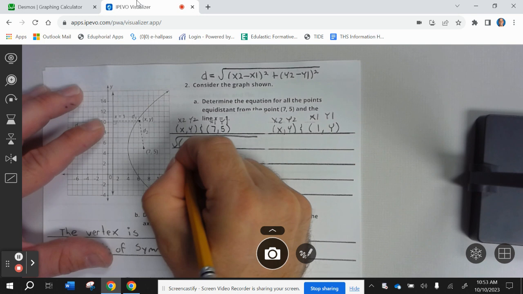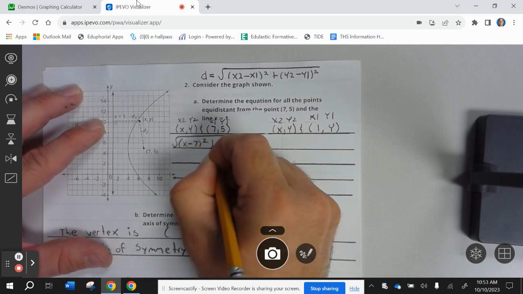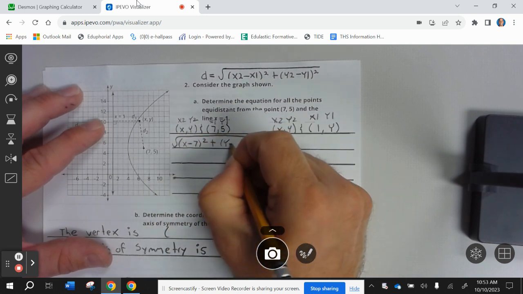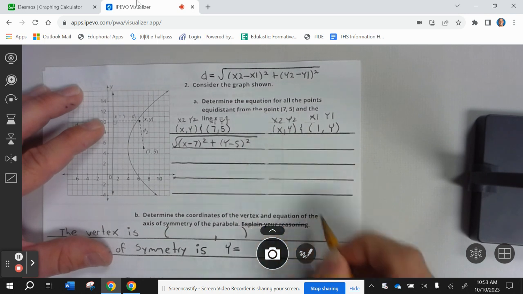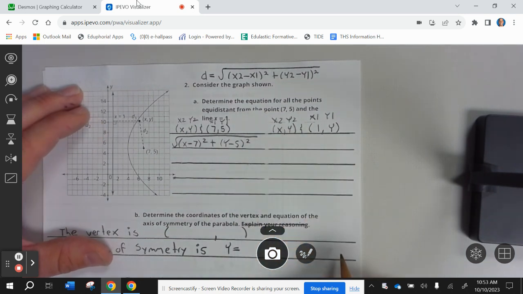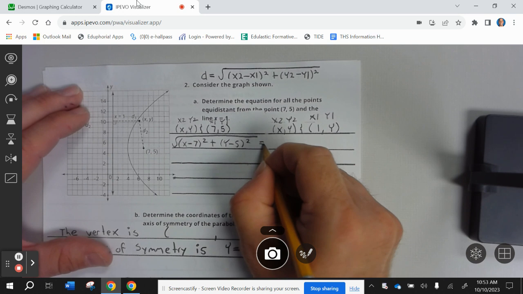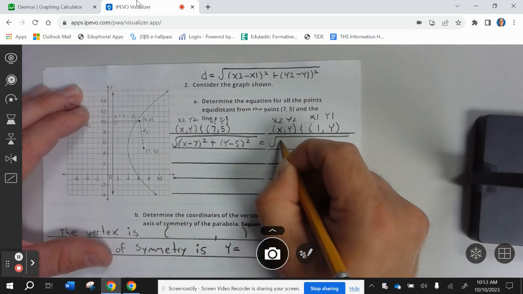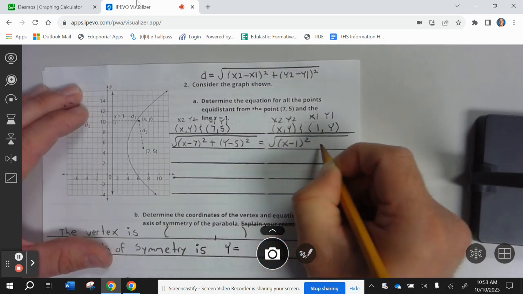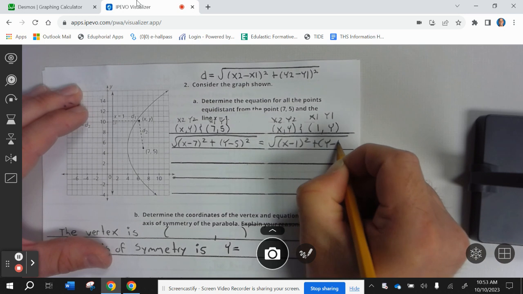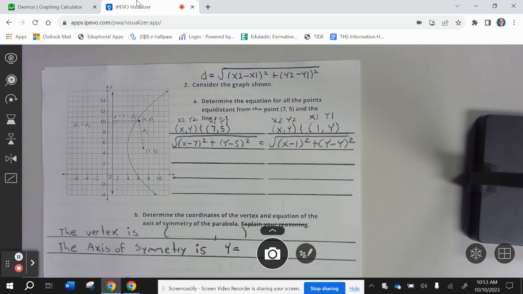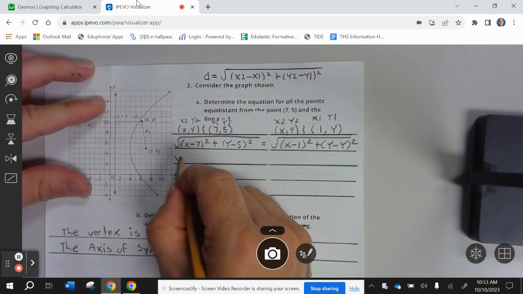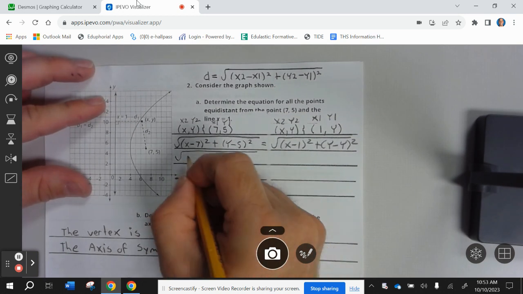So then that's the square root of (x minus 7) squared plus (y minus 5) squared equals the square root of (x minus 1) squared plus (y minus y) squared.